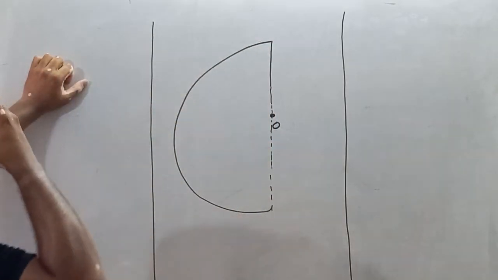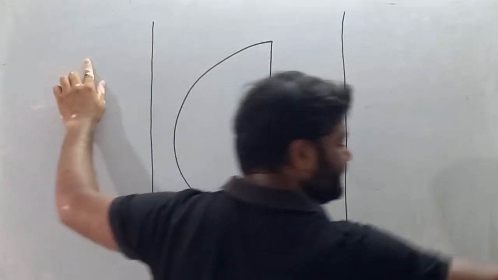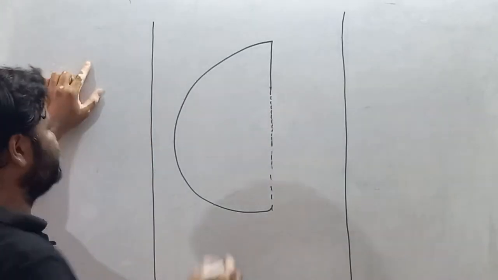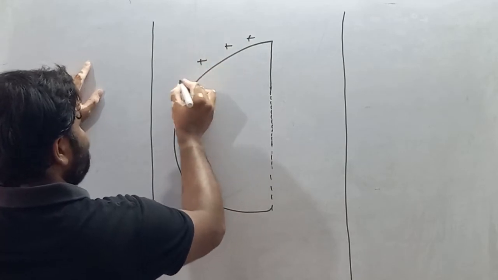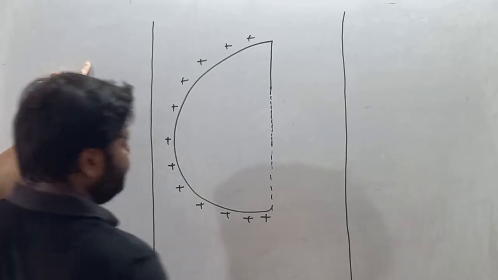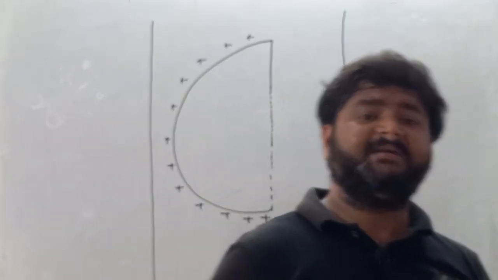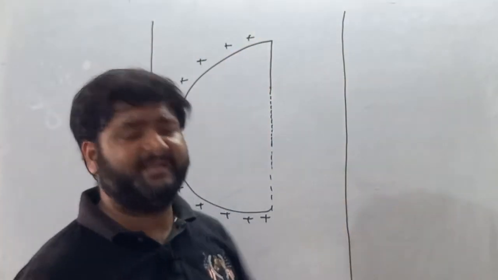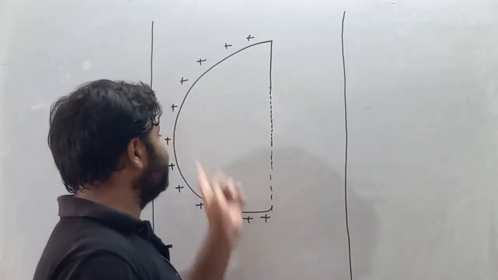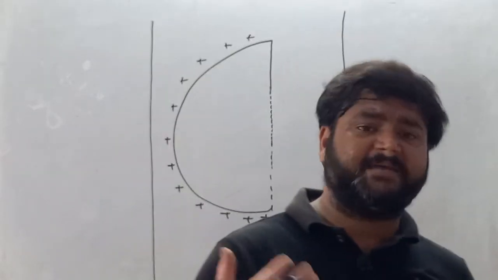Consider point O on its center, and we know that a semicircular arc is basically a kind of ring as well. So let's suppose the charge present on the semicircular arc is positive, and the physical parameter of the semicircular arc is also length, because basically this is a part of a ring.